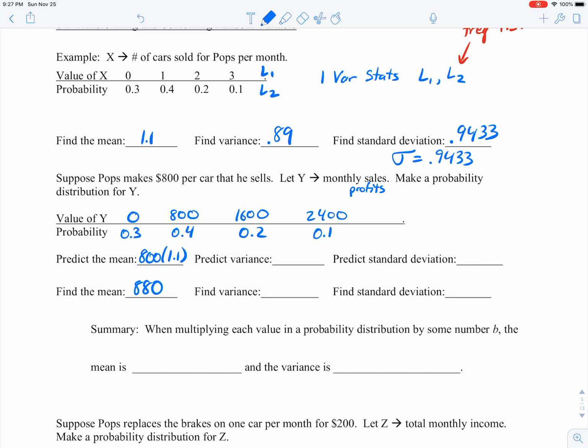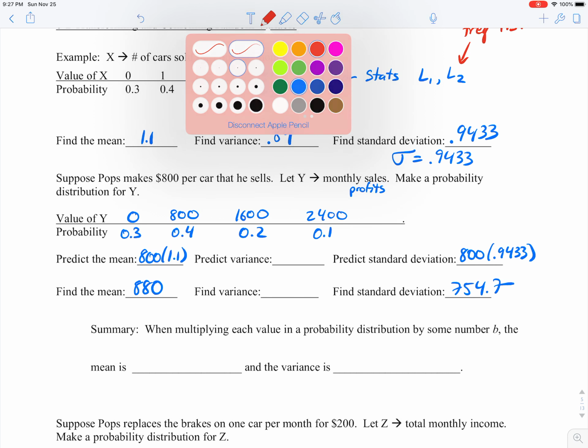So if it's 0.9433 cars and it's $800 per car, that is $800 per car times 0.9433 cars, which is going to come out to 754.7, I believe. So 754.7, that's in dollars as well. That's typically how much his monthly sales profit will deviate by.